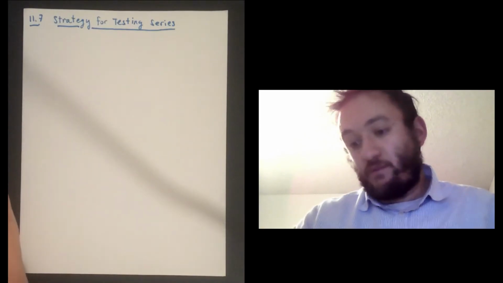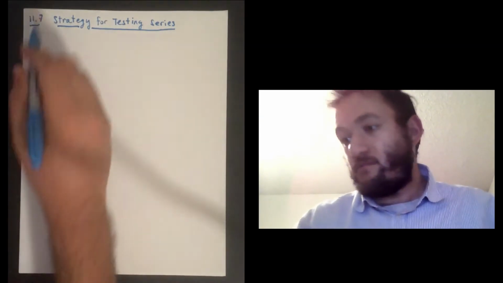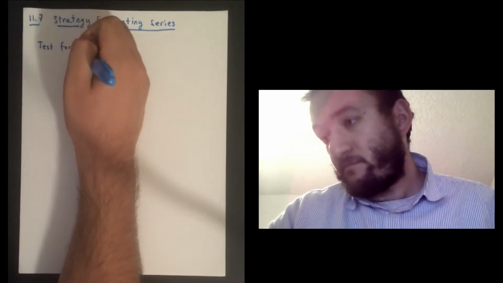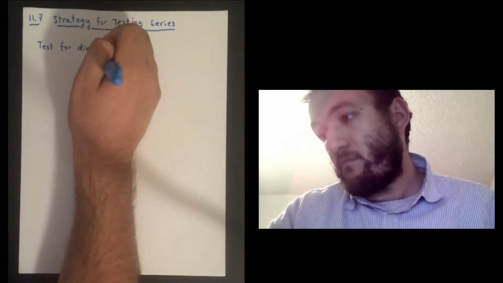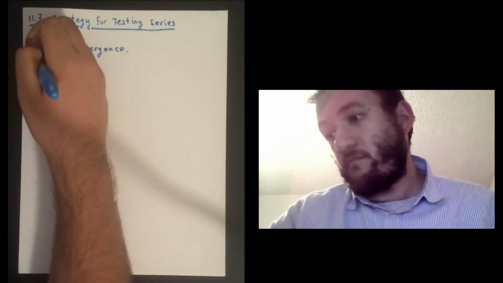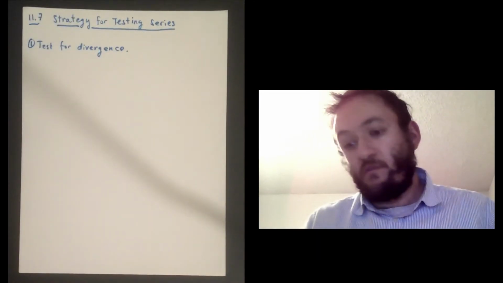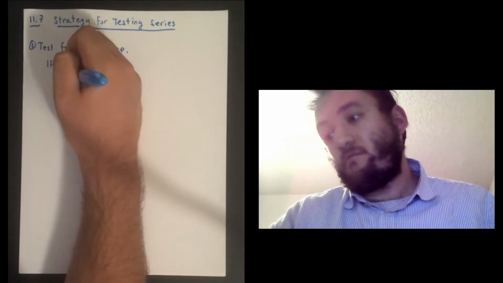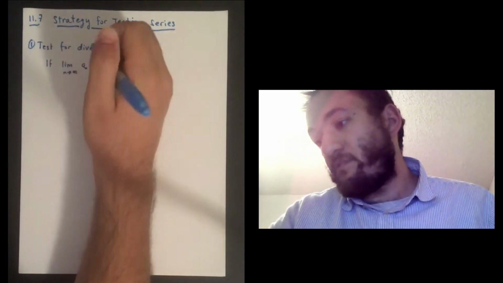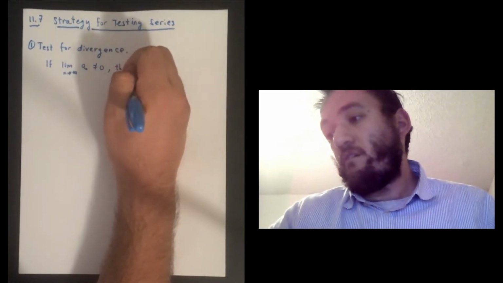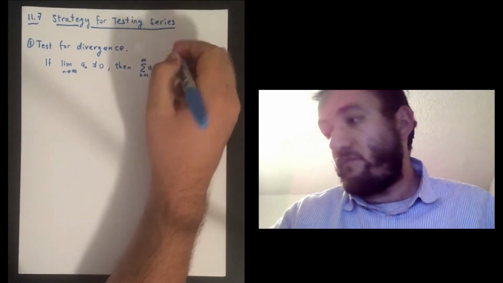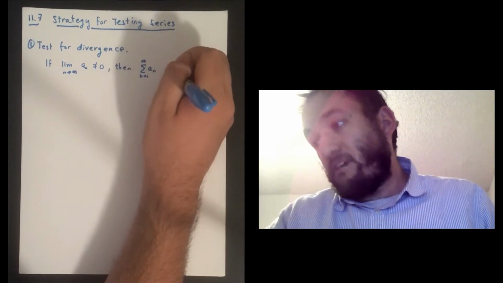Okay, so the first thing that you want to do with any series is test for divergence. So if you can see right away that, hey, those terms are not going to zero, then you know immediately the series, the sum of a_n from n equals 1 to infinity, is going to diverge.